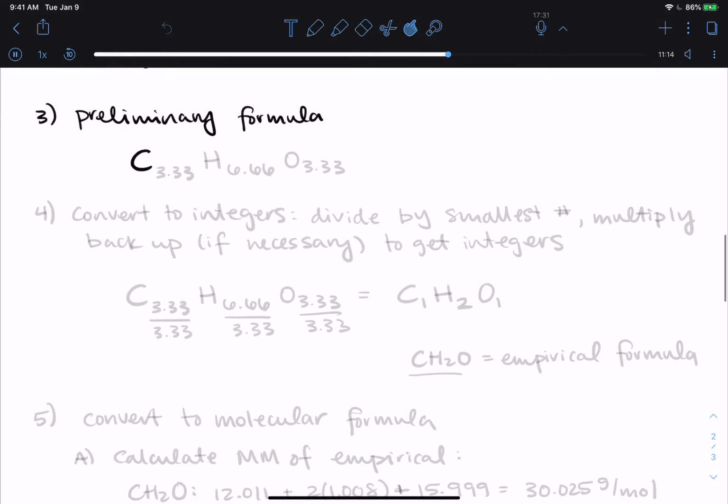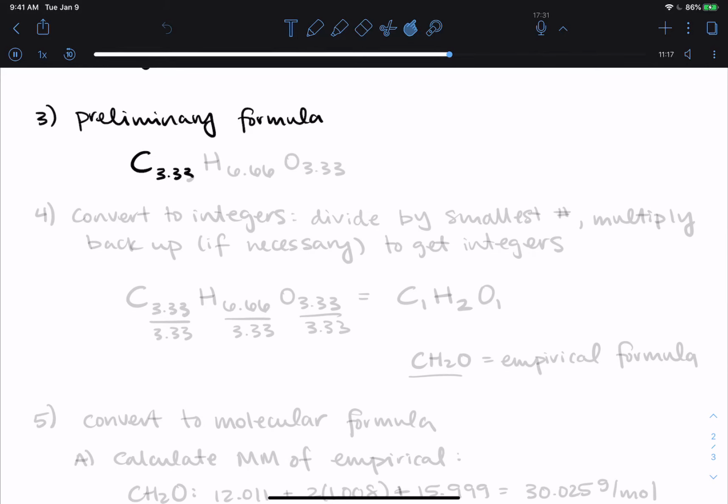Because what we're really looking at, so we're eventually going to look at how these compare to each other, but I have mole values, so I can put them in here as a subscript in my preliminary formula. So carbon with 3.33 of them, with hydrogen at 6.66, and oxygen at 3.33. So again, it looks wrong, but my subscripts are in moles, so it's a good beginning of what my molecule is going to look like.